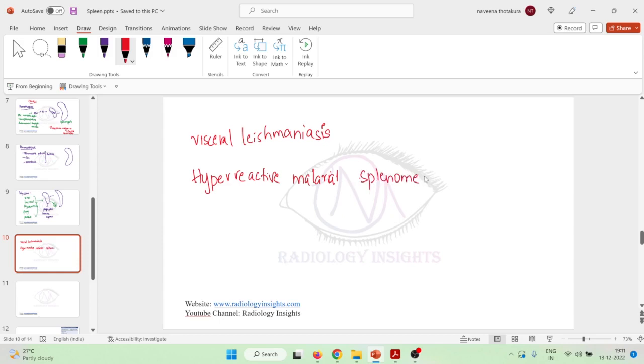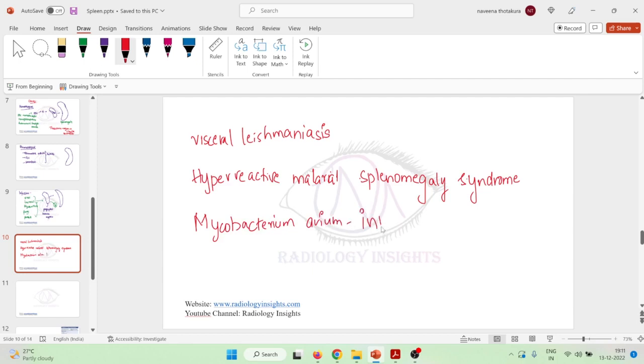As the name says, it is caused by Plasmodium, the malaria causing agent, and here splenomegaly is seen. And there is a type of Mycobacterium, Mycobacterium avium intracellular complex.